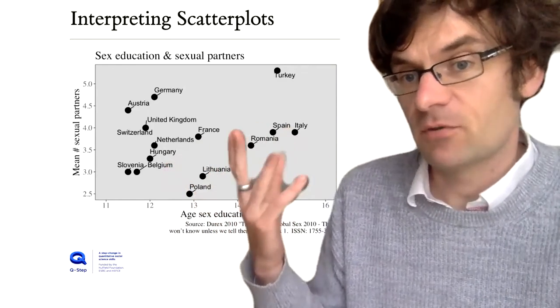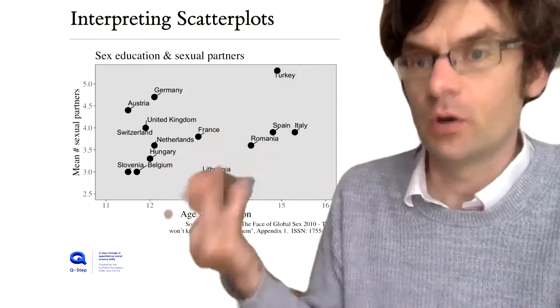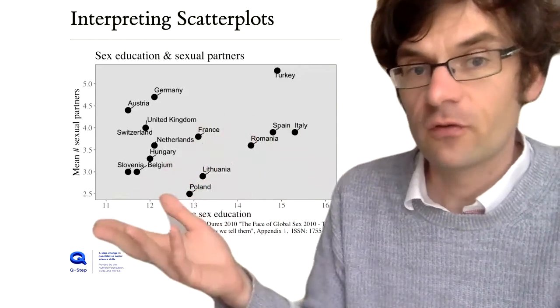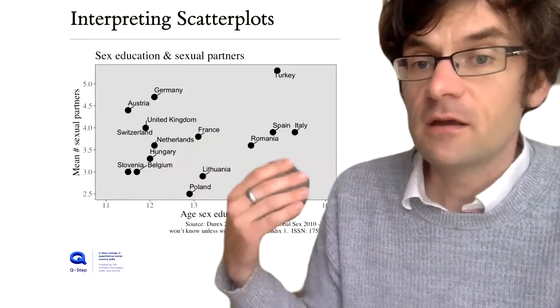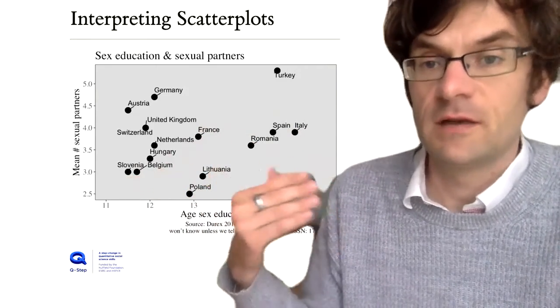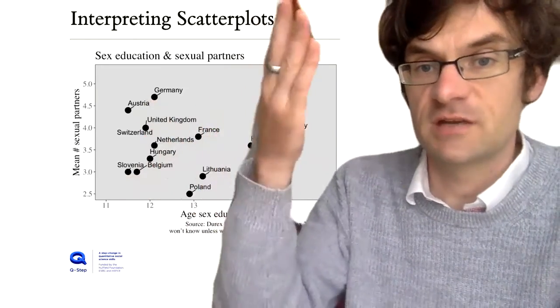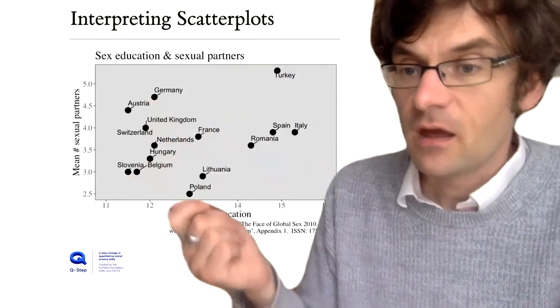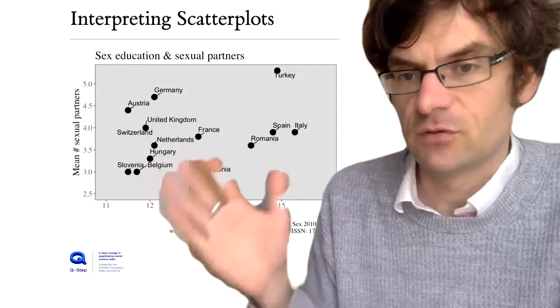So to just summarize, interpreting a scatter plot should always start by saying, what is displayed? Look at the axis, look at the title, what is displayed? Then you look at relationships, that is patterns, clustering of observations and unusual cases. And then a third step, and this should always be a third step, don't just stop there.